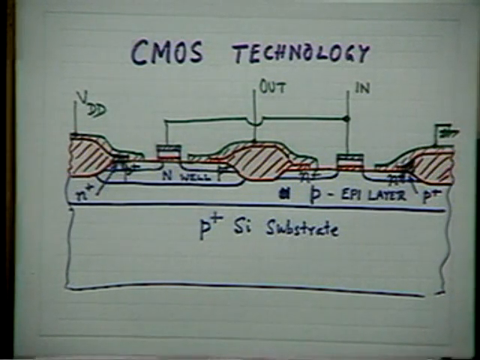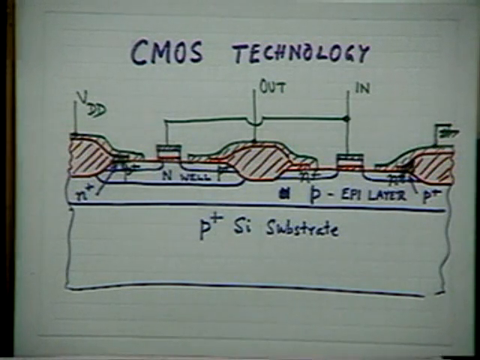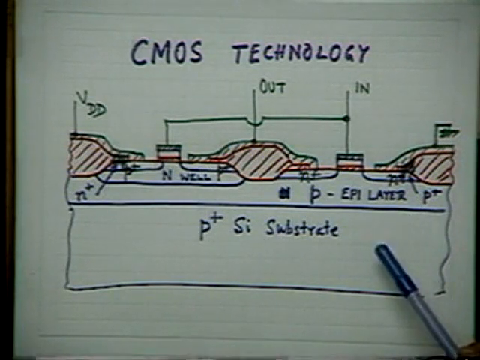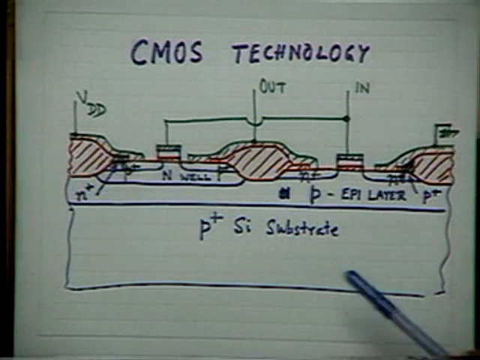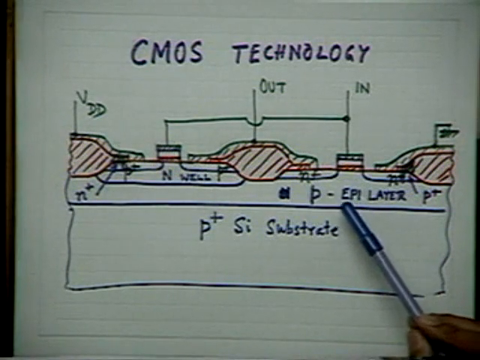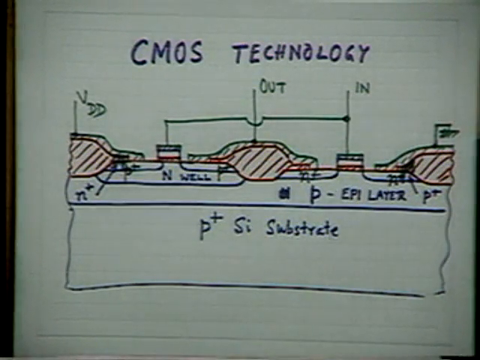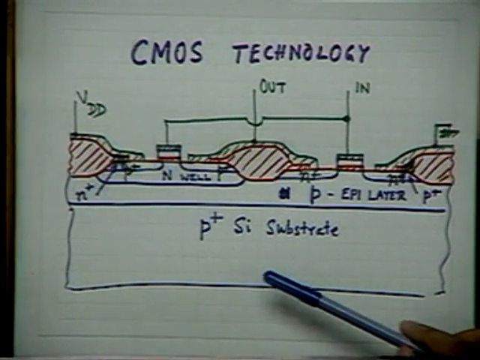Anyway, as I told you, this is the layout of a cross-section of a typical N-well CMOS. You see that in modern technology, people use a P-type epi layer on a P plus substrate. That is the starting substrate. That's the modern CMOS technology. But earlier, they were using a P-type substrate only.